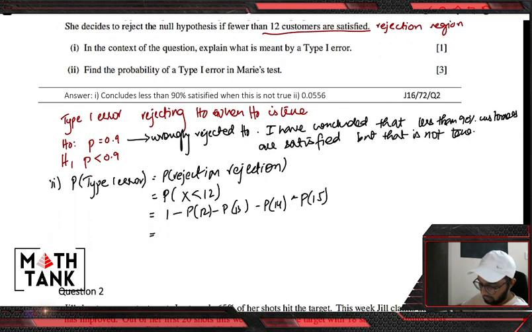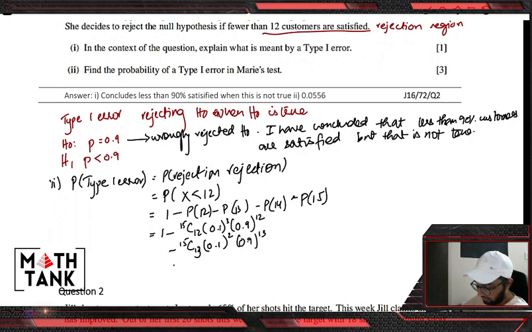I'm going to write 1 minus 15C12, 0.1 power 3, 0.9 power 12, 15C13, 0.1 power 2, 0.9 power 13, 15C14, 0.1 power 1 and 0.9 power 14, 15C15, 0.1 power 0 and 0.9 power 15.